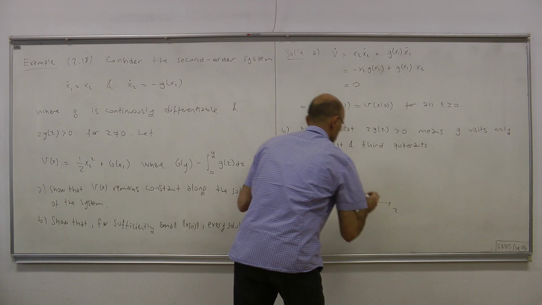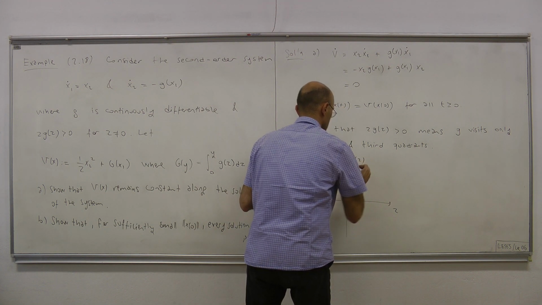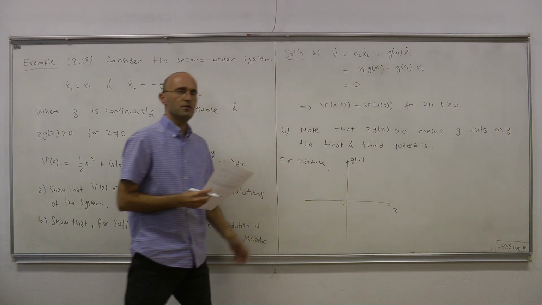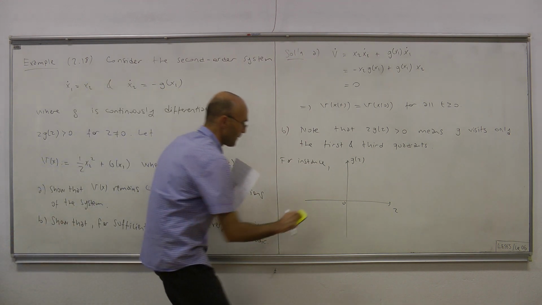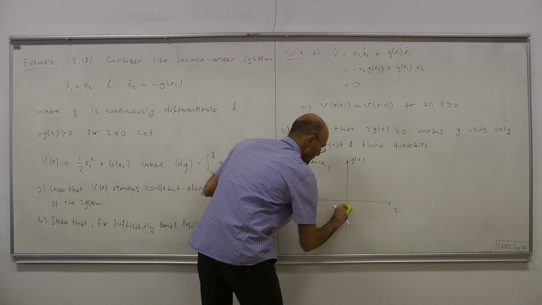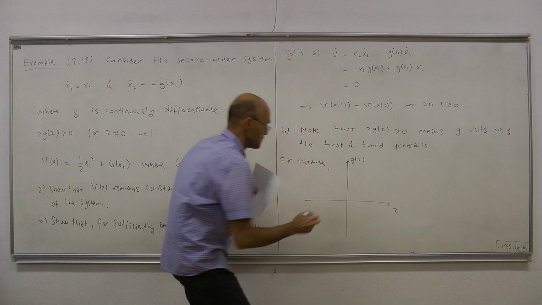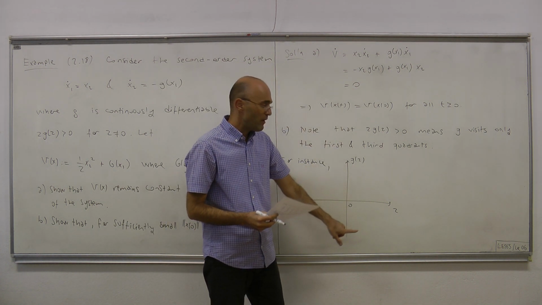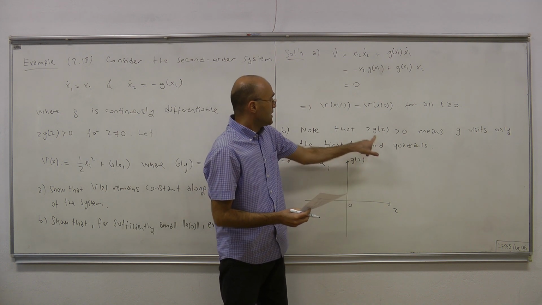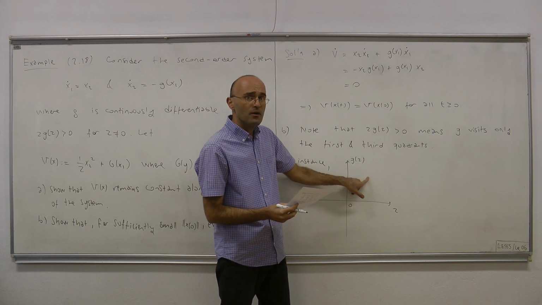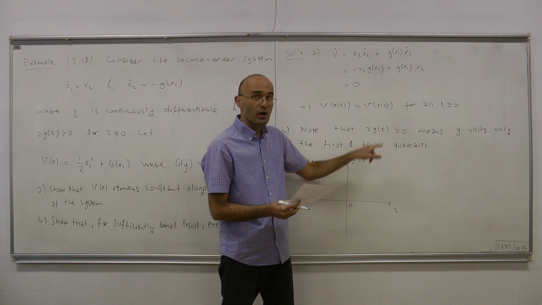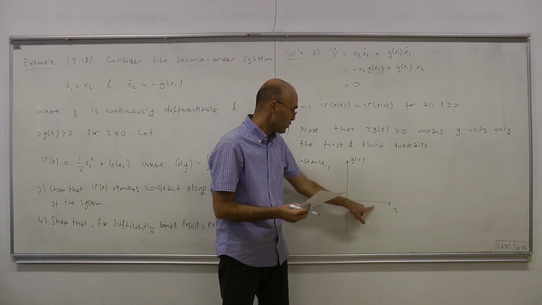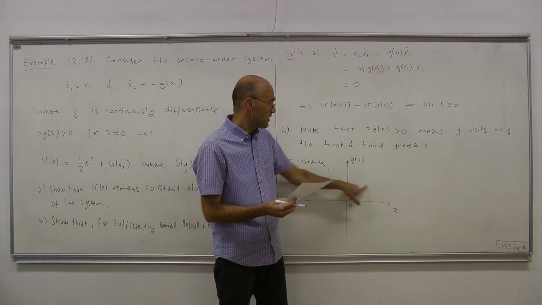Okay. Let's draw an example. z, gz. This is the origin. Note that for each z, g will take some value, and then z times that value that g takes, the product is always positive. Therefore, for positive z, g of z must be somewhere here.